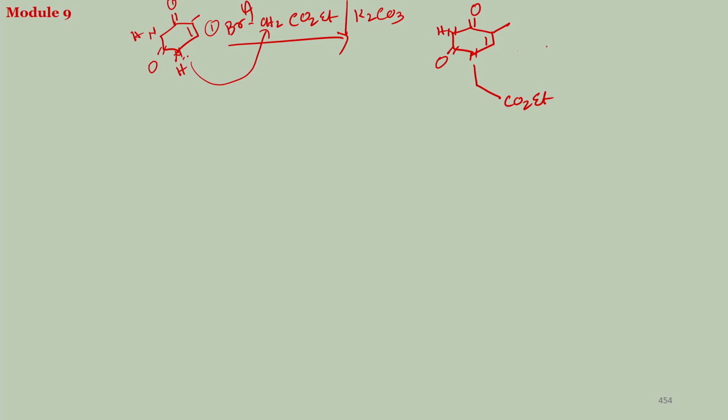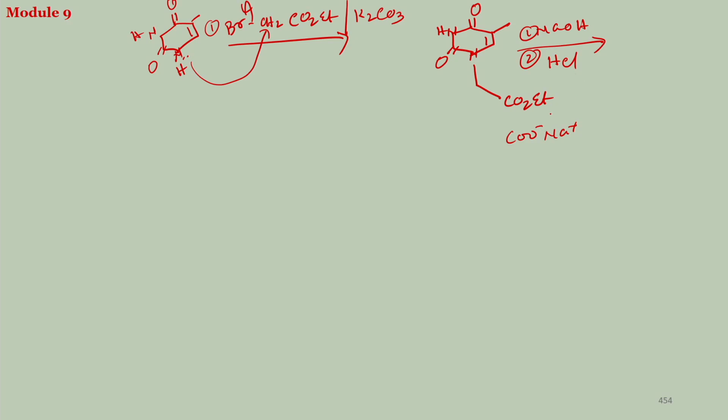Now if you hydrolyze with sodium hydroxide, sodium hydroxide would hydrolyze this into COO minus, the sodium salt of the acid basically, and then further you have to neutralize it into an acid. So, you have to use HCl, because after hydrolysis you will have COO minus Na plus, and that you acidify using HCl.